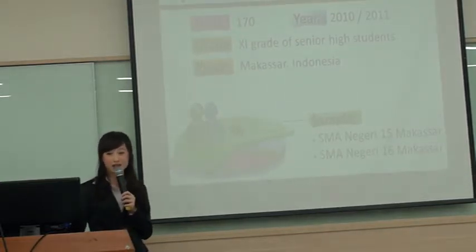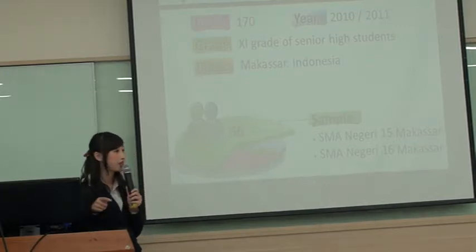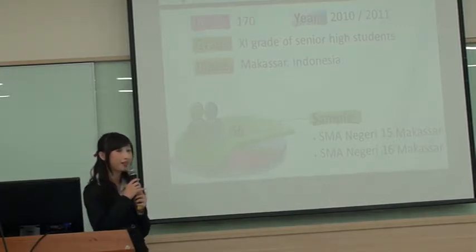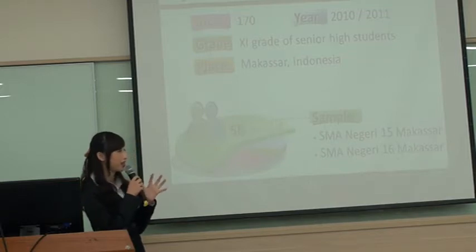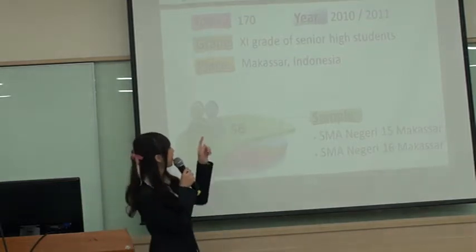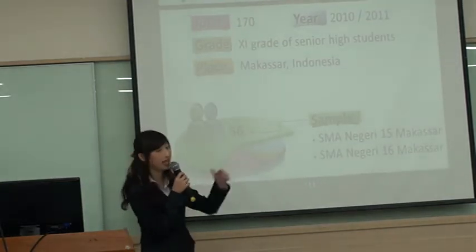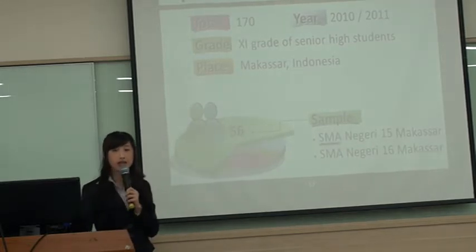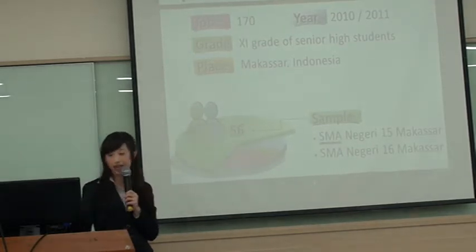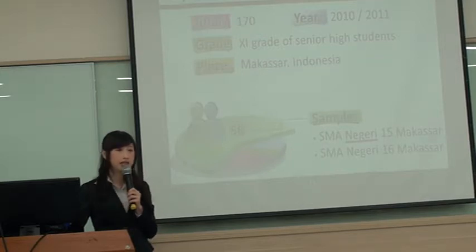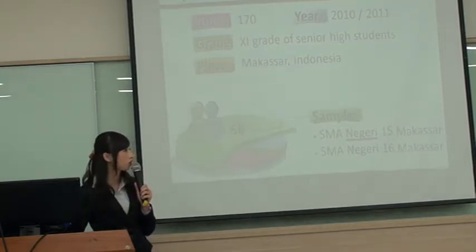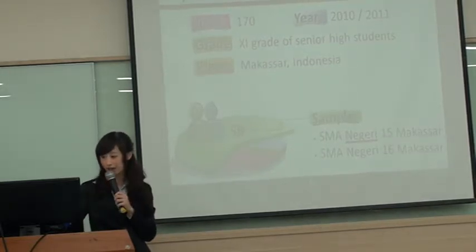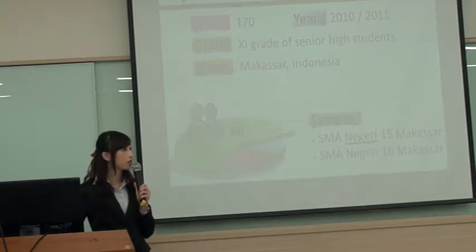You may ask me what is SMA Negeri 15 and 16 Makassar, right? Yes. I asked my husband's colleague in Indonesia. Okay, SMA in English means senior high school, and Negeri means national school, not private school. So one more time, SMA means the senior high school.